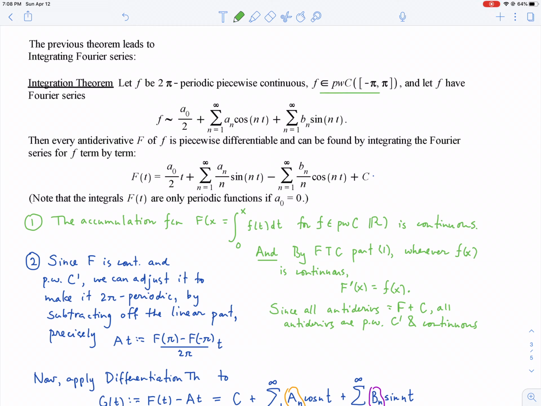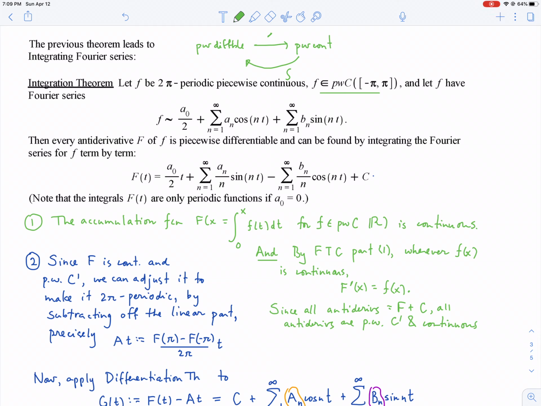So if I have piecewise differentiable, then I can differentiate the Fourier series and I get piecewise continuous, 2 pi periodic. If I want to integrate, I start with piecewise continuous and I'll end up with piecewise differentiable. And the theorem says exactly what you'd expect.